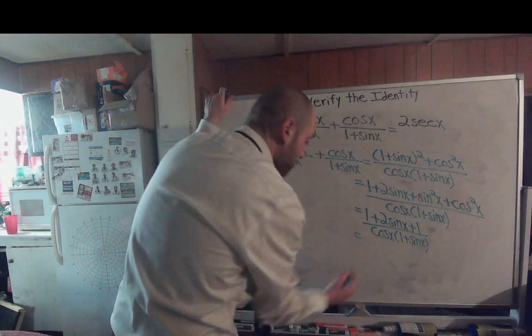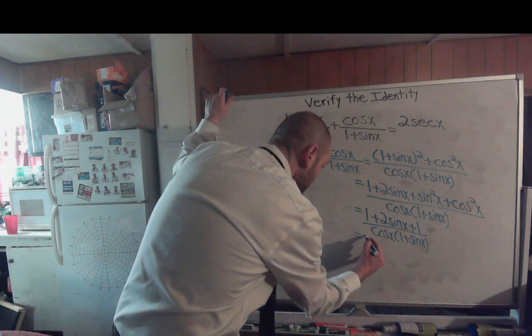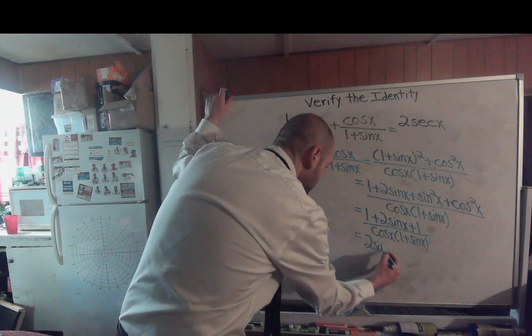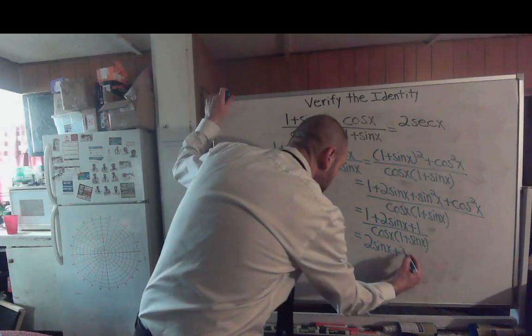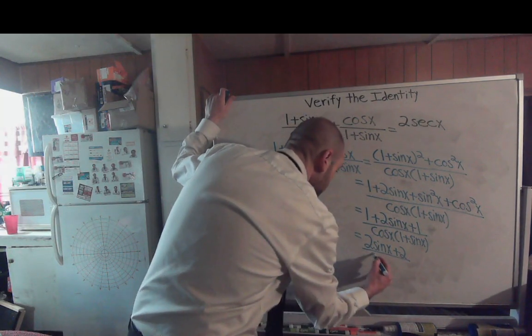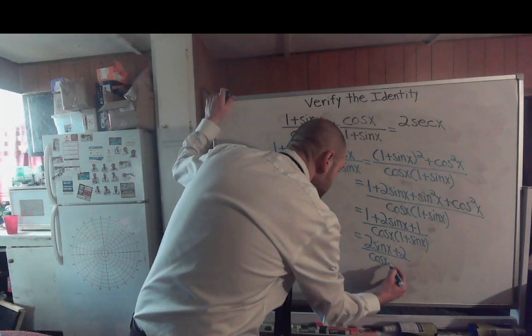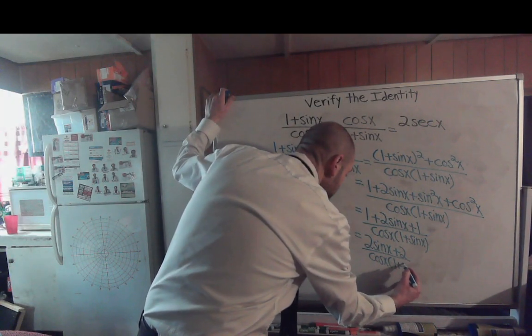The numerator would turn into 2 times the sine of x plus 2, all over the cosine of x times (1 plus the sine of x).